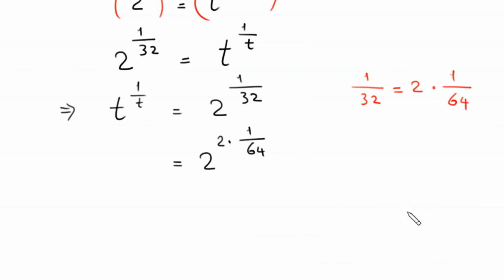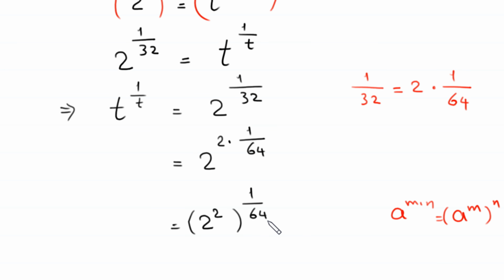Now by using this power rule, a to the power m times n is equal to a to the power m and whole to the power n. This can be written as 2 squared inside the brackets, and outside the brackets we write this power 1 over 64. At left hand side we have t to the power 1 over t.